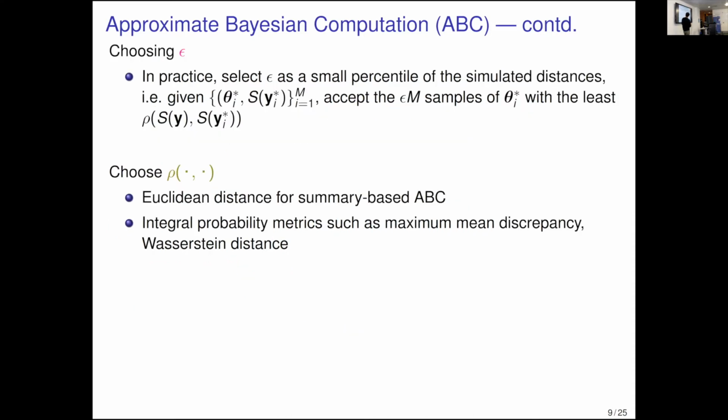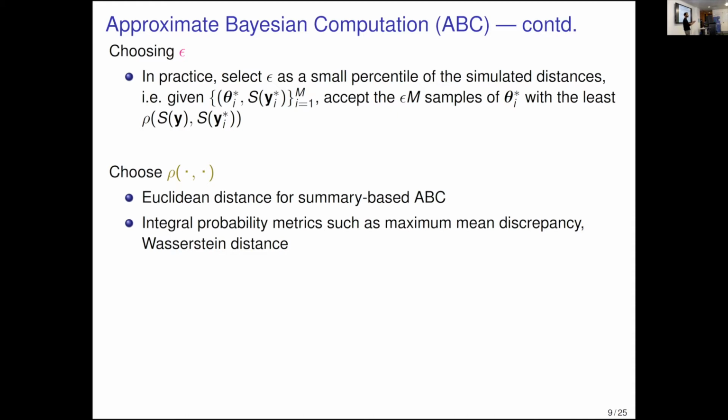Now, choosing epsilon: there are some papers that have worked on it, but in practice, what I've seen is people just use a percentile of your simulated sample. So let's say you simulated 10,000 samples, and then you pick the best 1% or 5% that yielded the smallest distance.